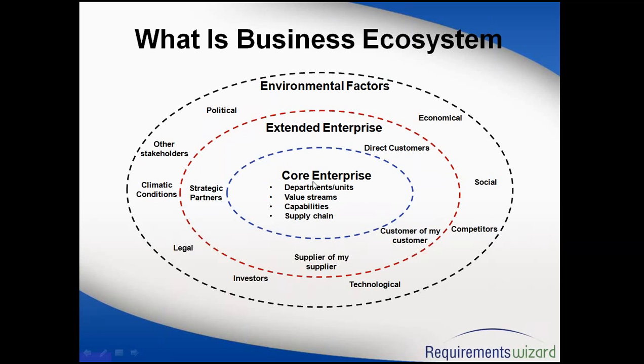Of course, you cannot ignore these, but as you move outside, you also need to take care of these entities: your customers of the customer, your suppliers of the supplier, and your strategic partners. It can be your joint venture partners, or some sort of strategic alliance you have formed.